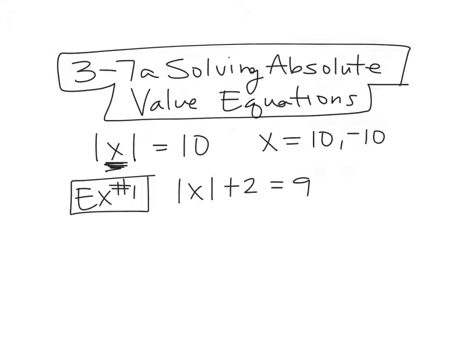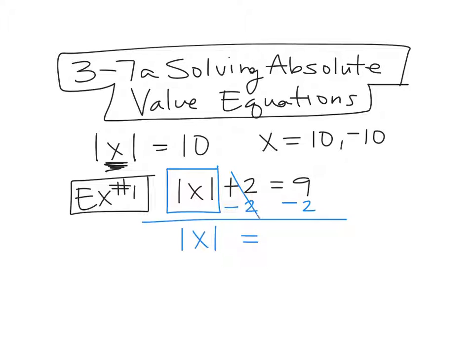In other words, you cannot give the two answers until whatever's in the bars is by itself. Right now, there's this plus 2 with it. So you take away that 2, just like you're solving an equation, and then we have the absolute value of x equals 7. Now you can do the two equations.